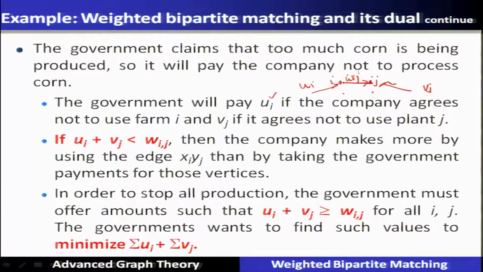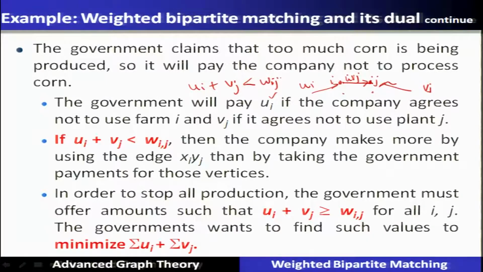Now, there is a decision here in this case: ui plus vj. That means to stop a production, i and j should get money, and that is equivalent to ui plus vj, and this particular money is compared to wij.